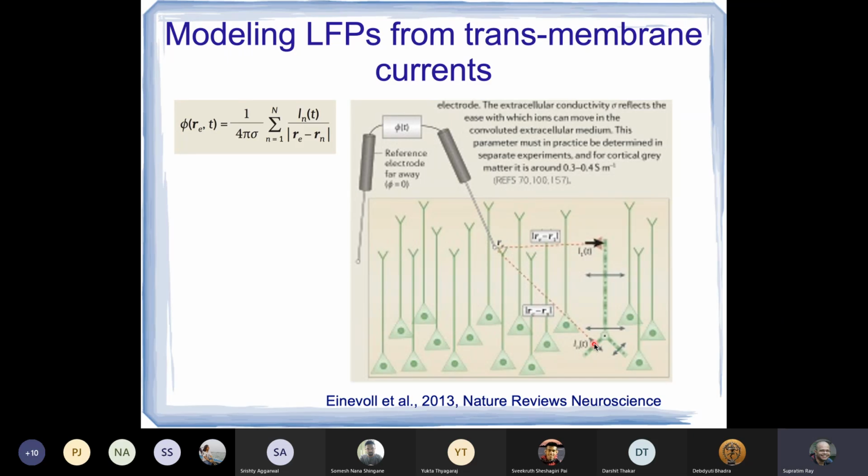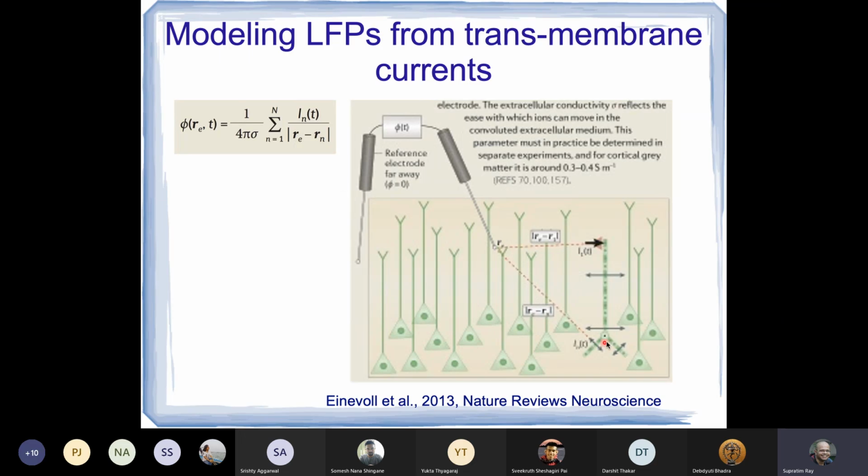I am looking at the contribution of this current on the potential that I record here, and it's nothing but the current divided by the distance, Re minus Rn, so this is the distance here, divided by 4 pi times the conductivity of the extracellular medium.